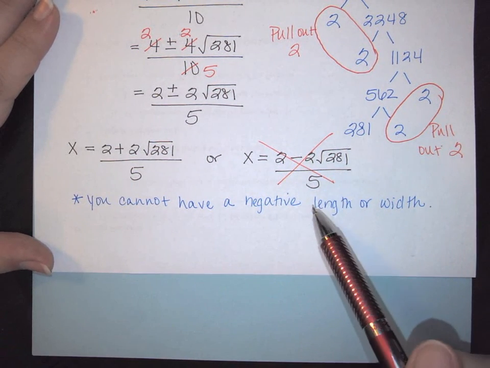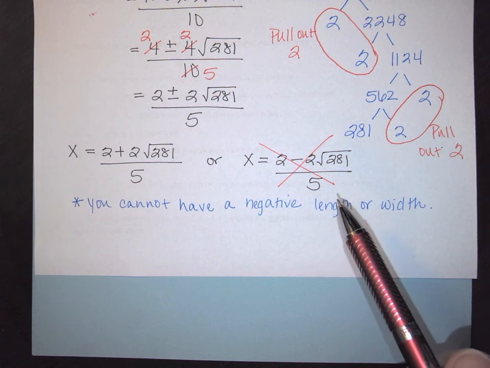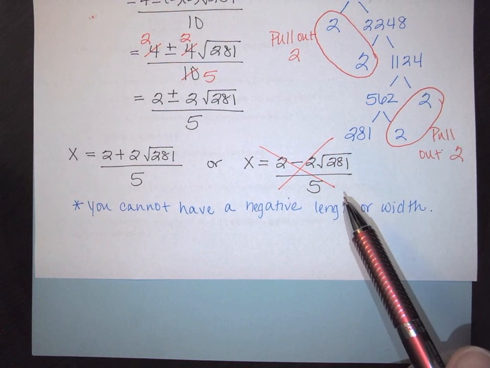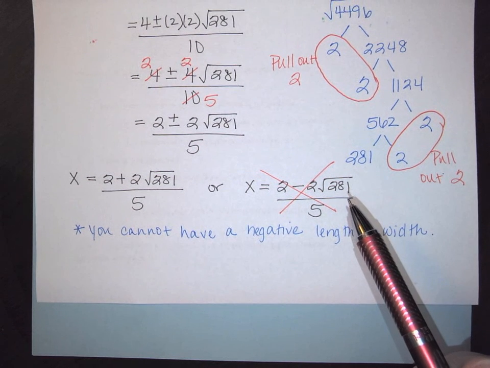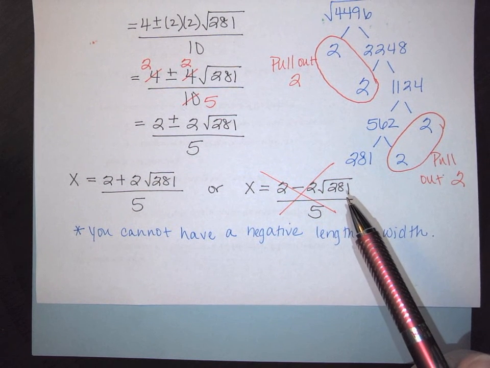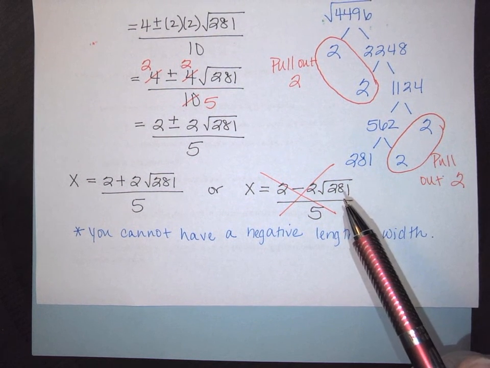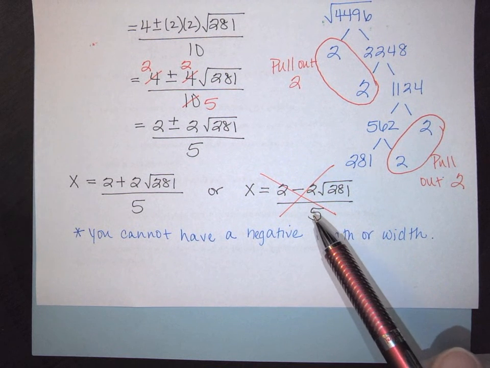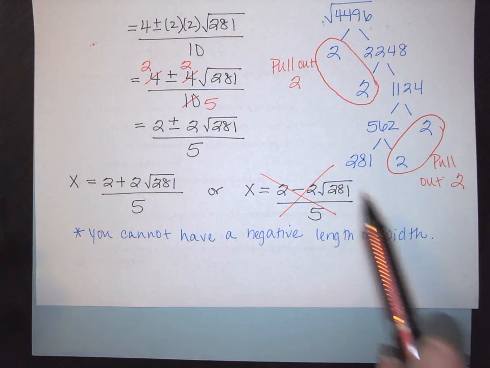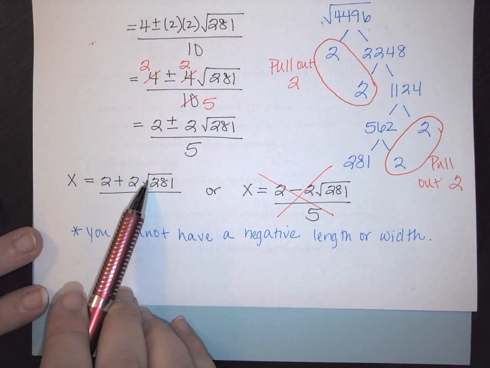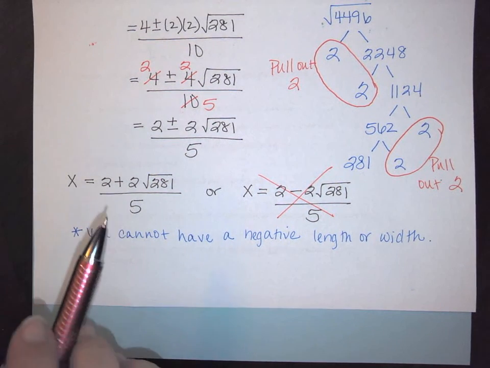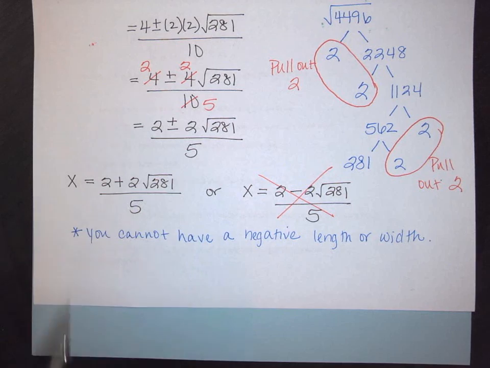Now, you could actually check yourself. You could take the square root of 281, multiply that by 2, and then 2 minus that number, and what you're going to see is a negative. Okay, so here we need to actually find this value. Depending on the calculator you have is going to make a big difference.